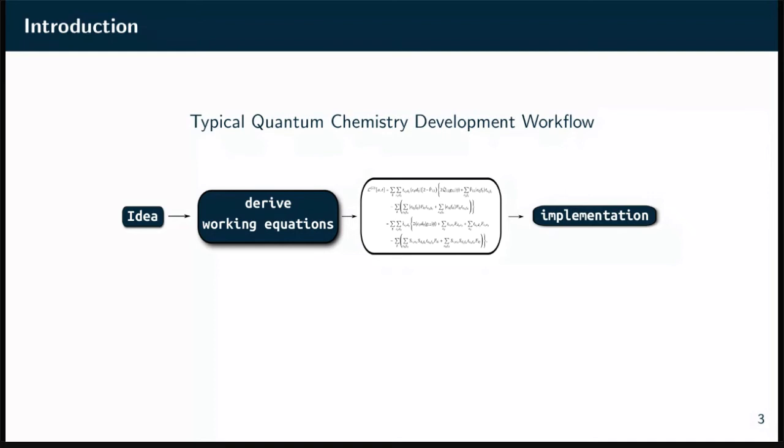If you do the same thing for quantum computation, in a lot of cases this tedious deriving of the working equations falls out, because you can use your quantum computer more or less as a black box which samples your expectation values.